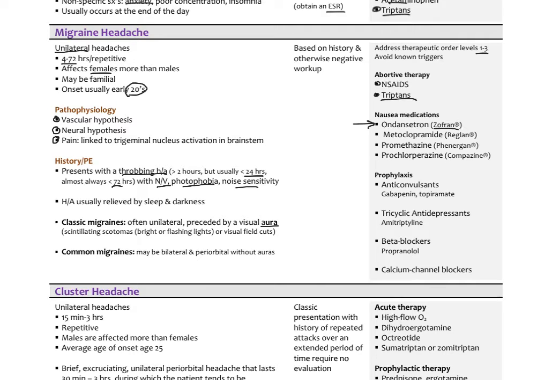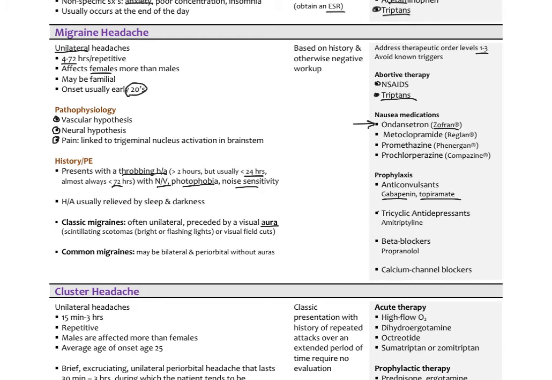And then for prophylaxis, sometimes anticonvulsants are given, like gabapentin and Topamax, topiramate. These have a lot of other adverse effects, especially the Topamax, so really knocks people out, and so not really great for long-term necessarily, but for patients with very severe migraines, sometimes they would rather do that than suffer the migraine.